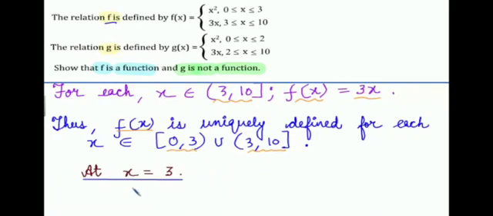So at x is equal to 3, f of x is equal to 3 square, that is 9.